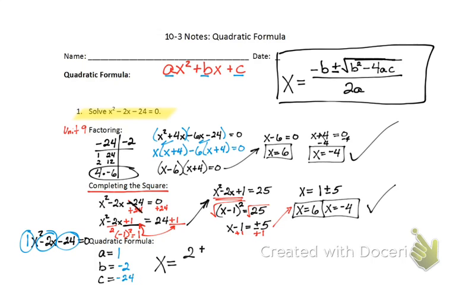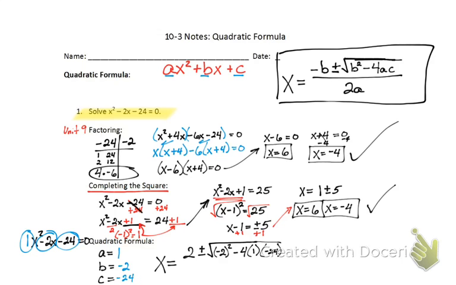Then I have plus or minus the square root of b squared, which for b squared I'm going to go ahead and write negative 2 in parentheses squared, because b is negative 2, minus 4 times a, which a is 1, times c, and c is negative 24.